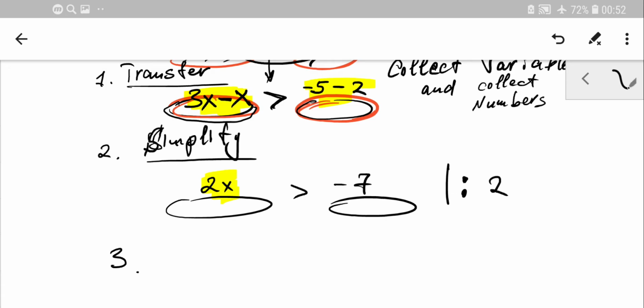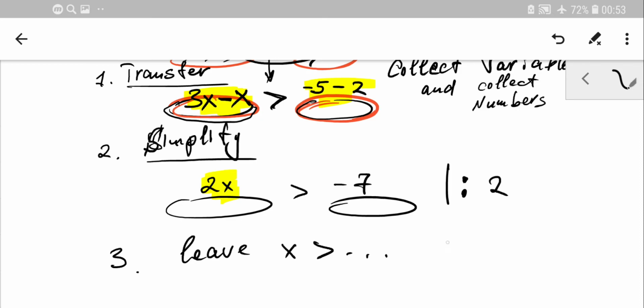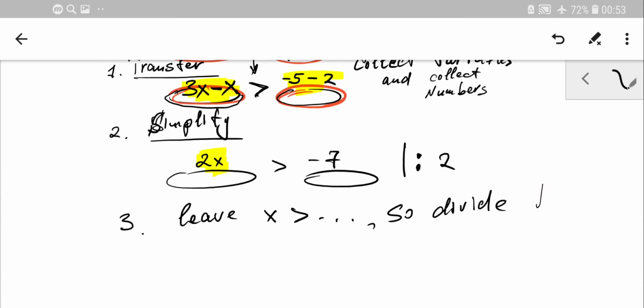In this case, try to leave x more than, or less than, something. And in this case, we need to divide by 2.